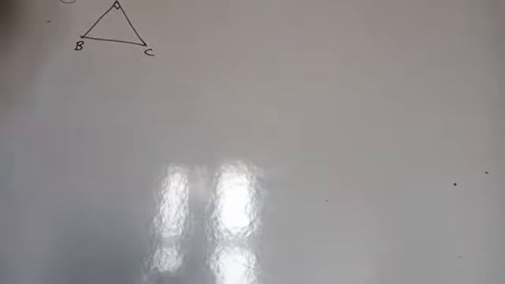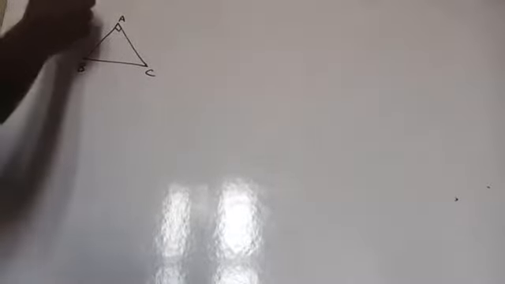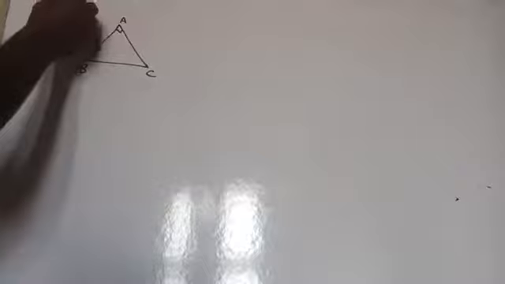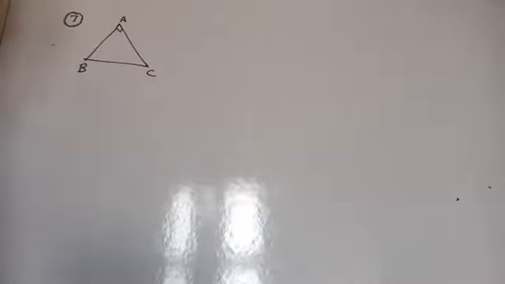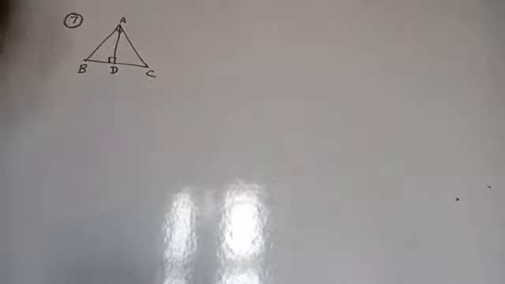And then AD is perpendicular to BC. In a triangle ABC, right angle at A, and AD is perpendicular to BC. So draw from A, it is D, which is perpendicular to BC, it is given.